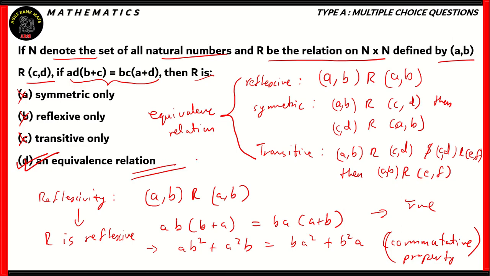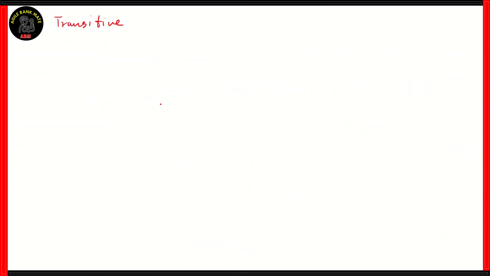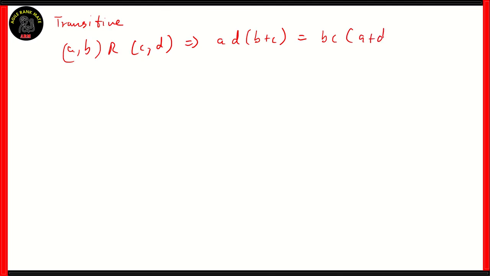So R turns out to be an equivalence relation. So basically, if you have to check for transitiveness, AB related to CD means that AD times B plus C gives BC times A plus D. Now the second relation here would be CD related to EF.